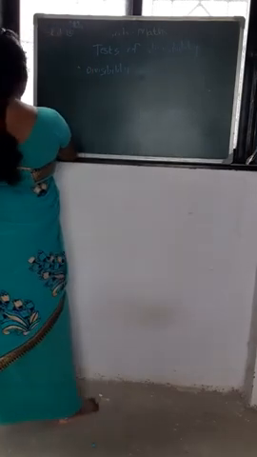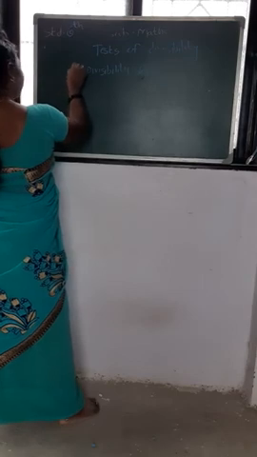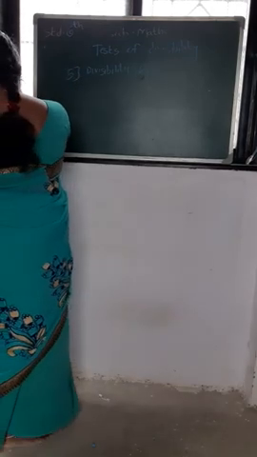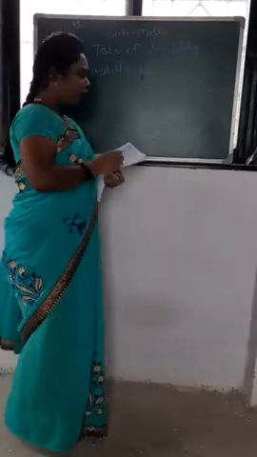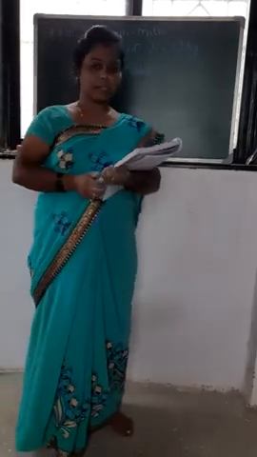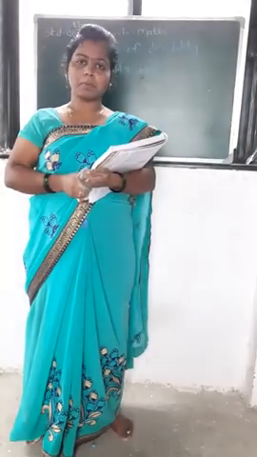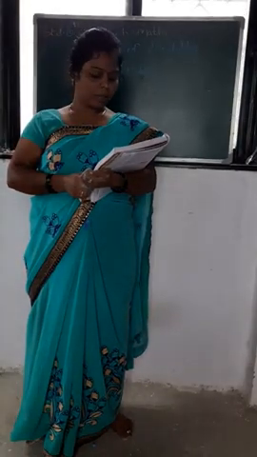Divisibility by 6. A number can be exactly divisible by 6 if it is divisible by 2 and 3 both.